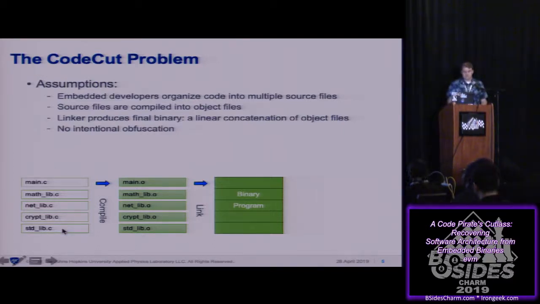This is generally the way developers segment their code functionality into different C files, and they compile it into object files, and then your linker builds that all into a binary program.